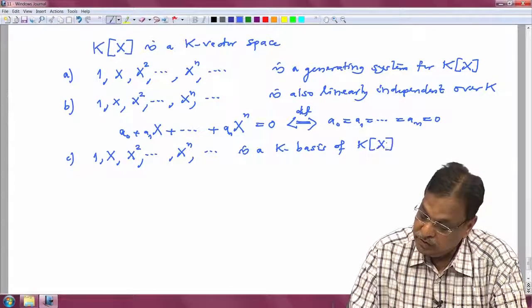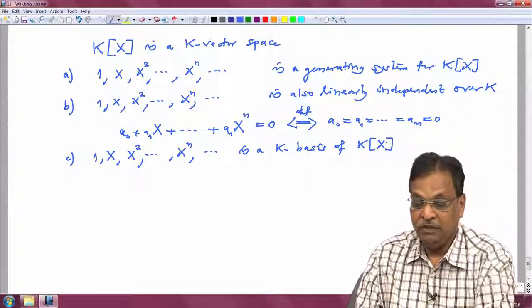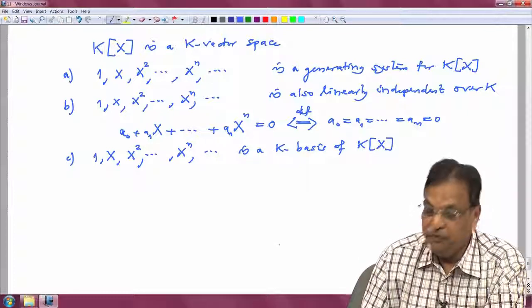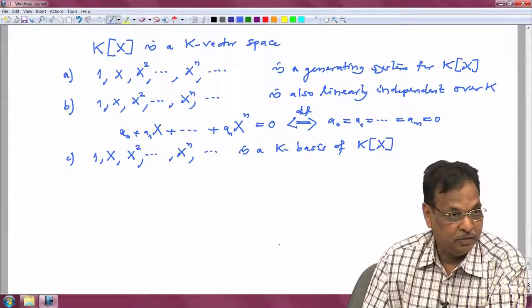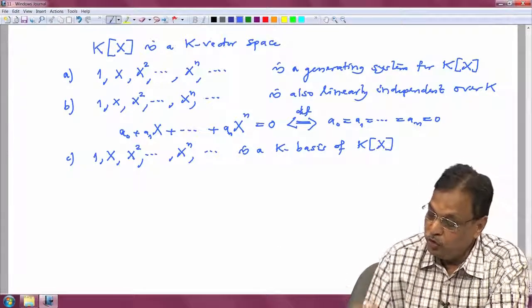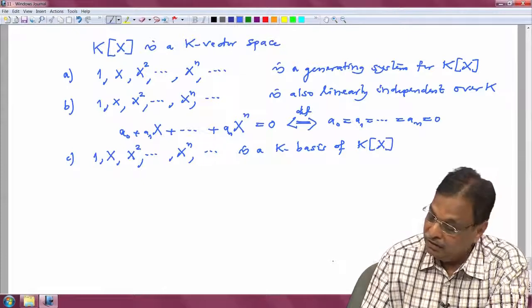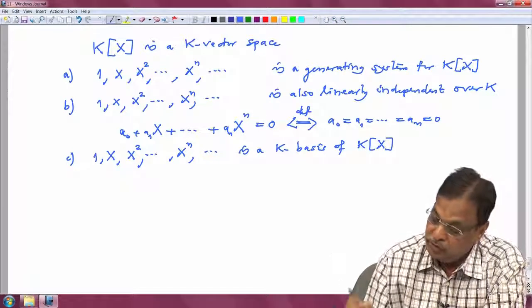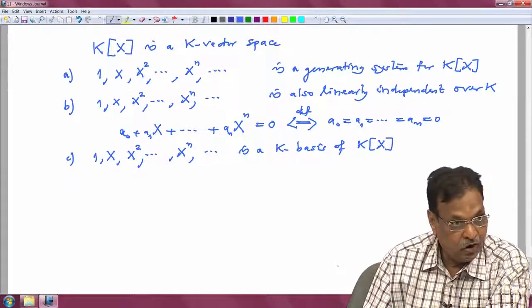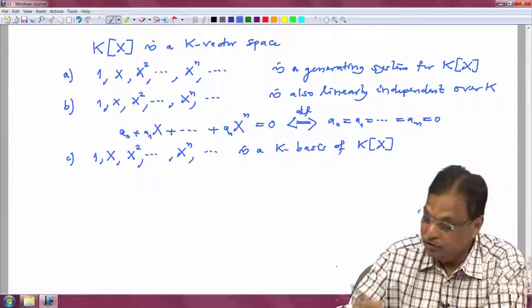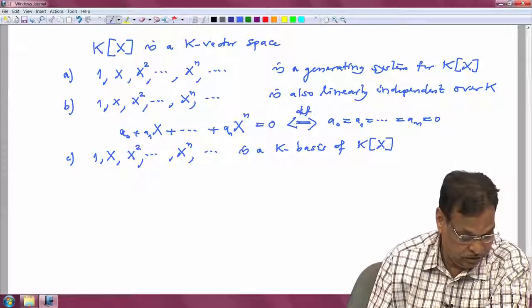So K[x] needs an infinite, countable basis. Later on when I introduce the concept of dimension, we will check that the dimension of the vector space K[x] is countable, but I do it in the next section.